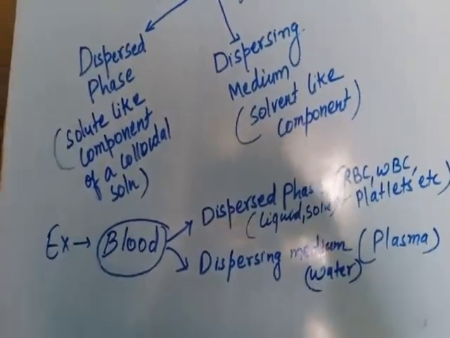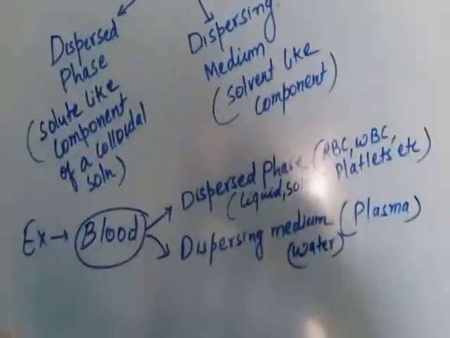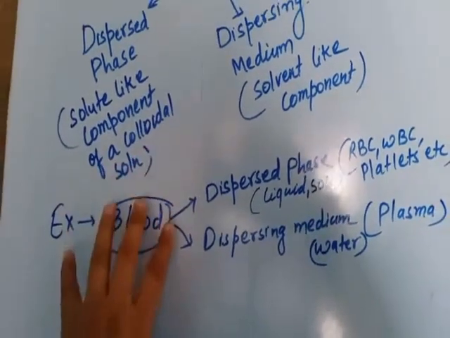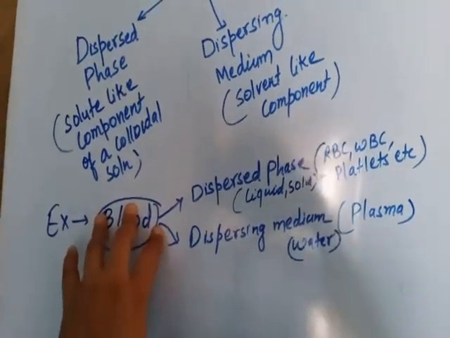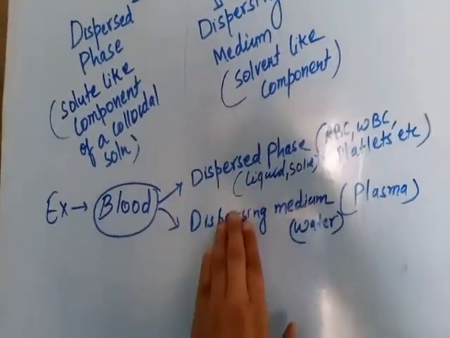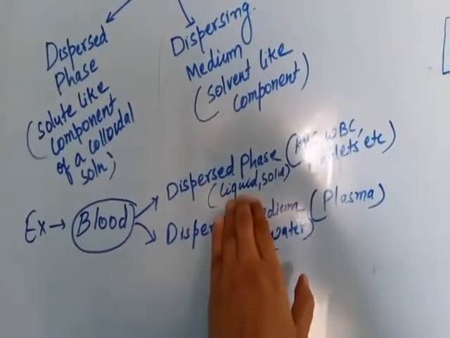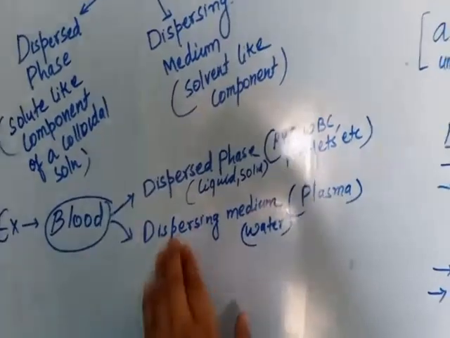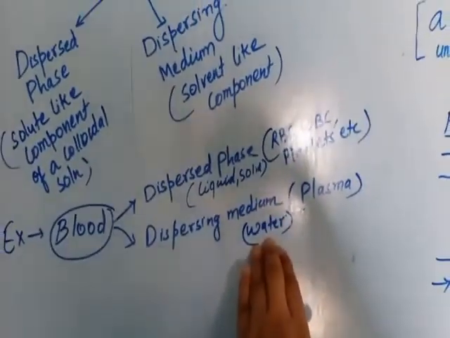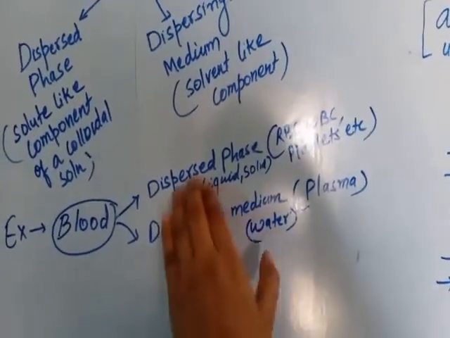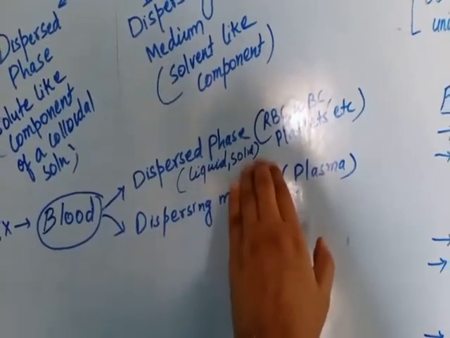Okay, so we can understand by taking one example. Blood is a colloid, and it is made up of two components, the dispersed phase and the dispersing medium. Here the dispersed phase is in the solid and liquid state, and the dispersing medium is in the form of water. Why is the dispersed phase in the liquid and solid state?